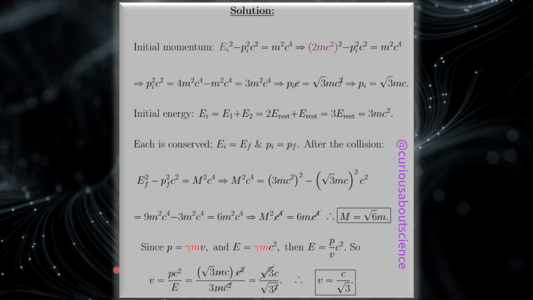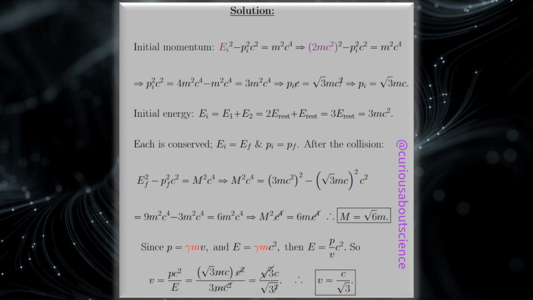If we're looking for v, we get p c squared over E, and we know what's going to happen based on the conservation. The c squared cancels, the m's cancel, and 3 is just the square root of 3 squared, so we cancel a factor of that. We see that v is equal to 1 over root 3 of c.